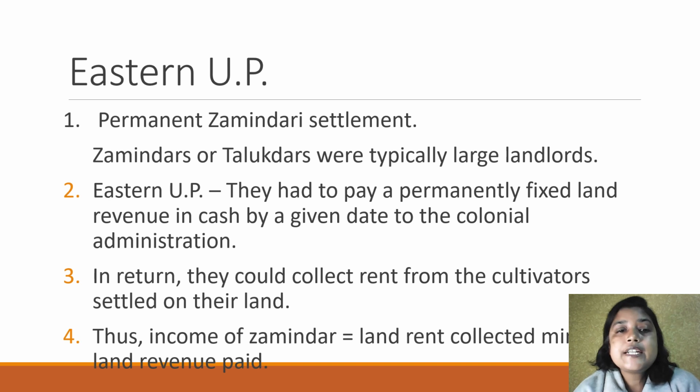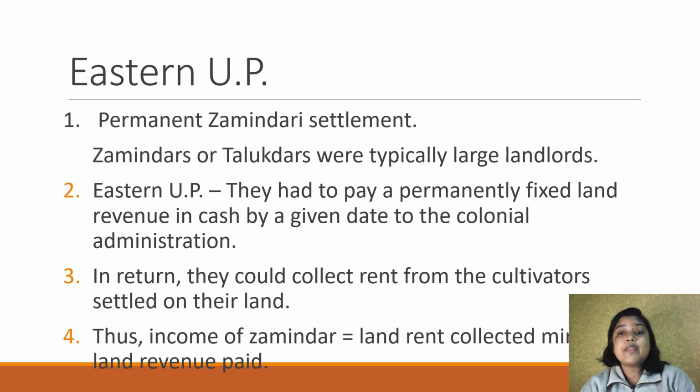Now, let us see what was the condition of Eastern UP during that time, as has been outlined by Amit Bhaduri. First of all, in Eastern UP, there was a kind of a permanent zamindari system in which the zamindars or the talukdars were typically large landlords. They had to pay a permanently fixed land revenue in cash by a given date to the colonial administration.